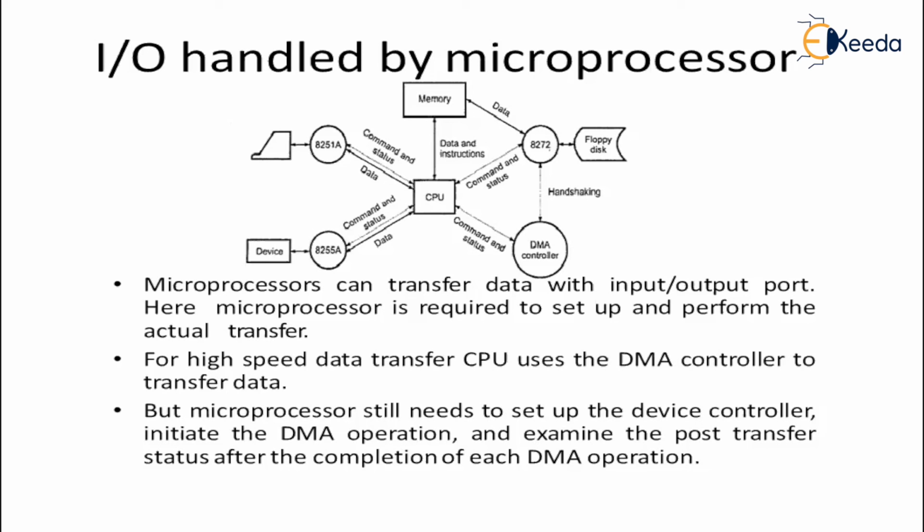When the operation has taken place, the status of the data that has been transferred with the help of the DMA operation is also checked or verified with the help of the microprocessor.